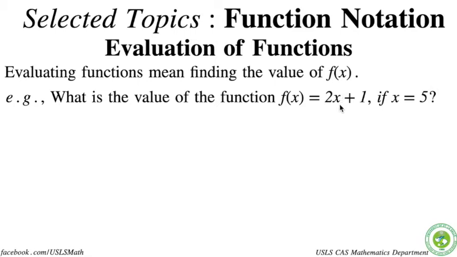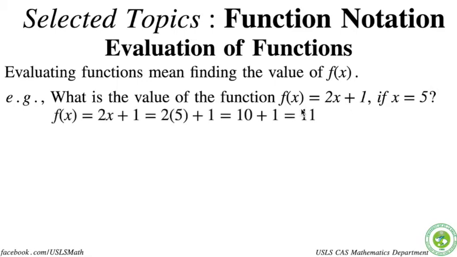If x is equal to 5, we can input 5 in place of x. So we could restate this as 2 times 5. Well, 2 times 5 is 10, plus 1 is 11. Therefore, the value of f of x is equal to 11.